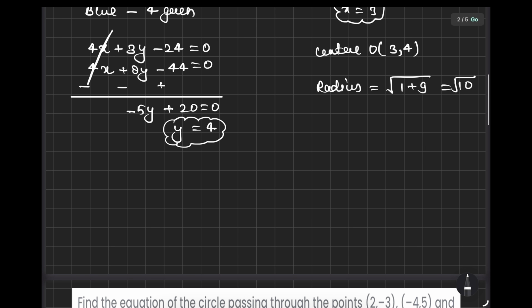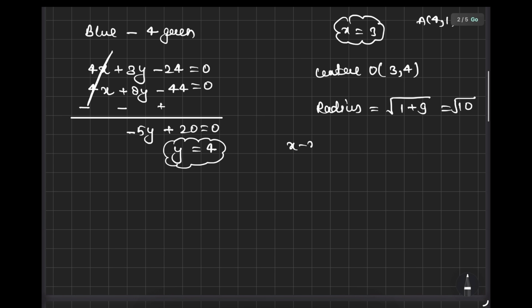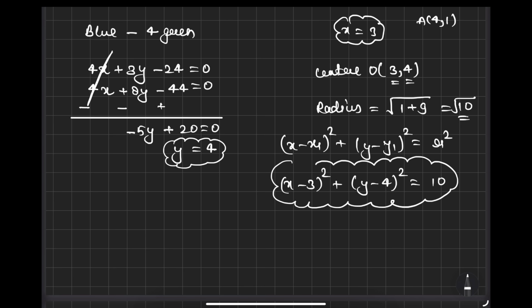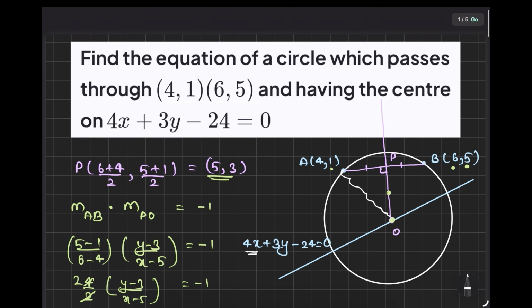Now you know that the equation of a circle is x minus x1 whole square plus y minus y1 whole square equals r square, where x1, y1 is the center. Substituting, x minus 3 whole square plus y minus 4 whole square, and radius square becomes 10. So this is our equation of the circle, which is the required thing.